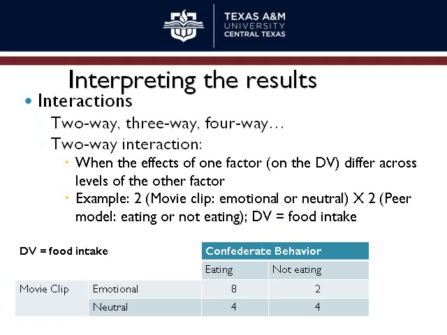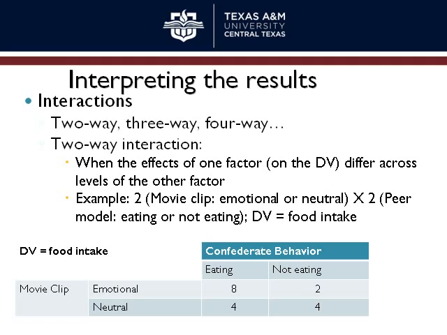Let's give a more concrete example to look at here. So imagine a study, 2x2 design, where kids are going to be shown a movie clip, either one that's emotionally arousing in nature or emotionally neutral. And then they're going to have a peer model, who's a Confederate, watching the movie with them. And this peer Confederate is either going to eat a certain amount of snacks, 10 chocolate peanuts, or not eat anything.